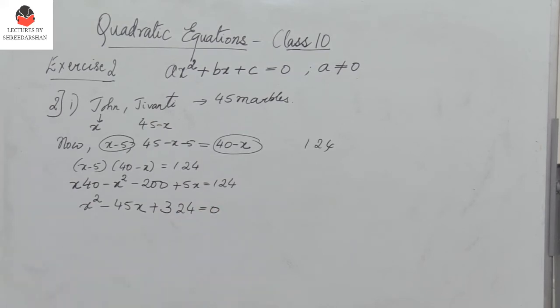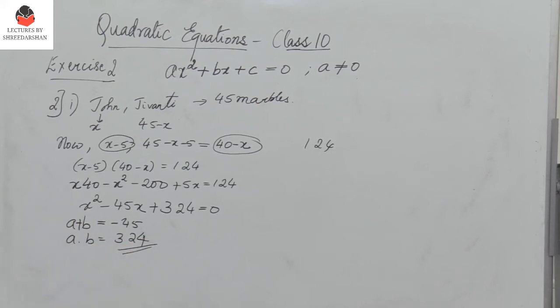So now we need to factorize them, we need to find the value of x. I have 324. When I add these two numbers a and b, I should get minus 45, and when I multiply them I should get 324. So how do I find them is the question.